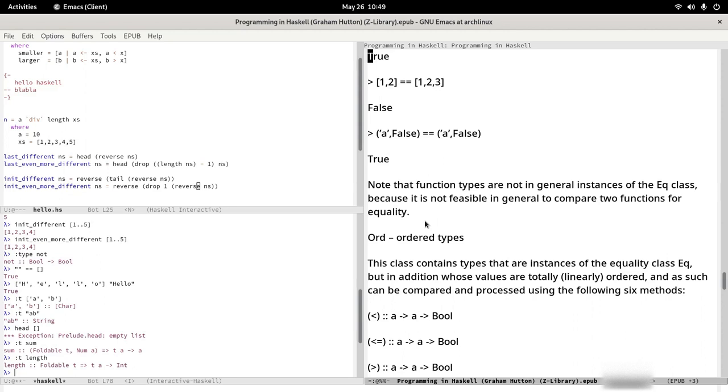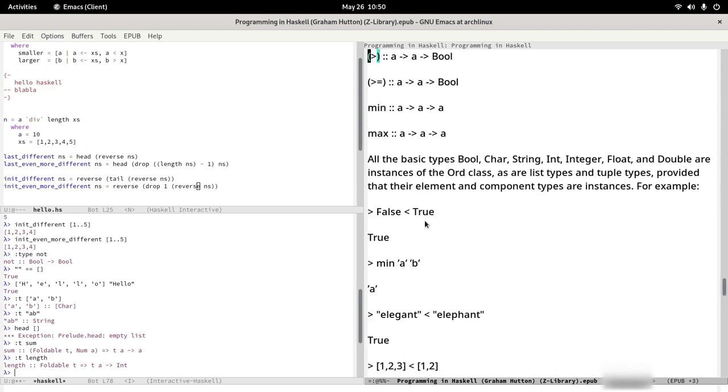Ord types. This class contains types that are instances of the equality class Eq, but in addition, whose values are totally linearly ordered, and as such can be compared and processed using the following 6 methods: less than, less than or equal, greater than, greater than or equal, min and max.